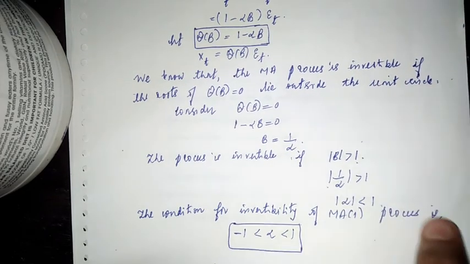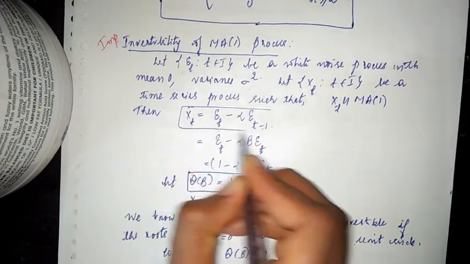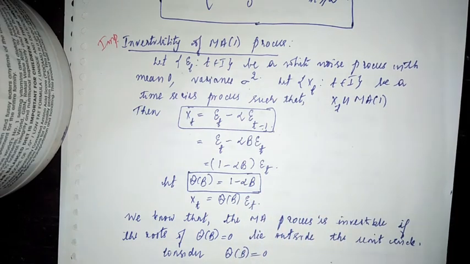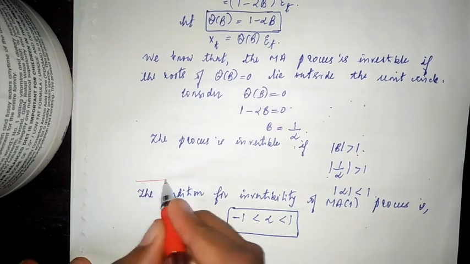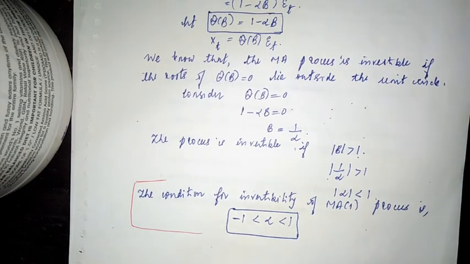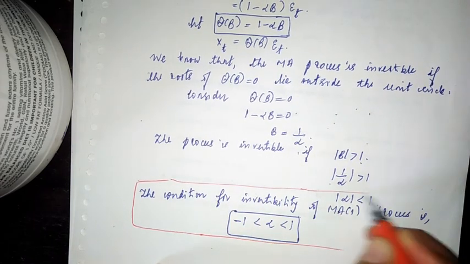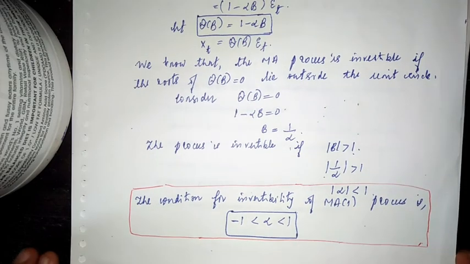So if you find out that alpha is between minus 1 and plus 1, you can say that the process is invertible. So this is the invertible condition. Very important condition to decide the invertibility of moving average process of order 1. So if alpha is between minus 1 and plus 1, we can say that the process is invertible.